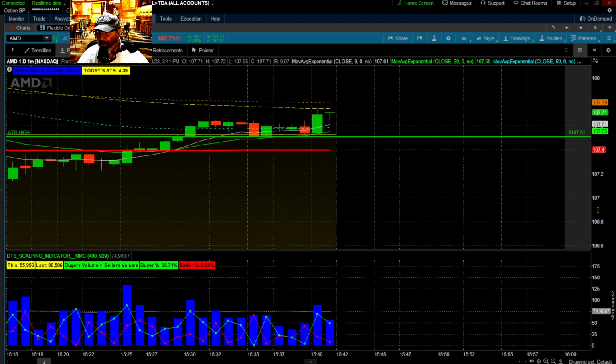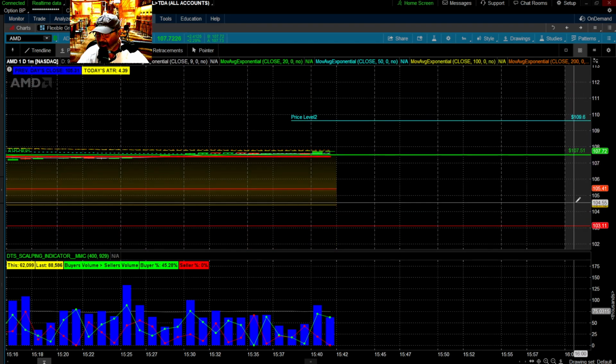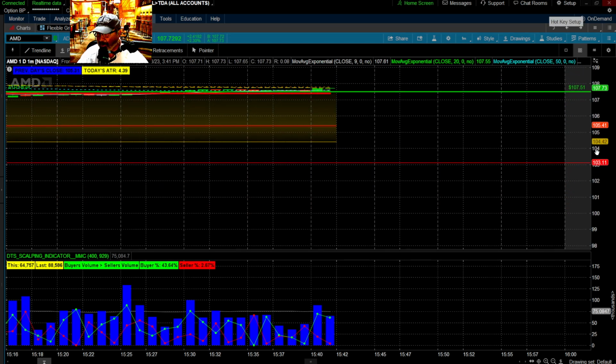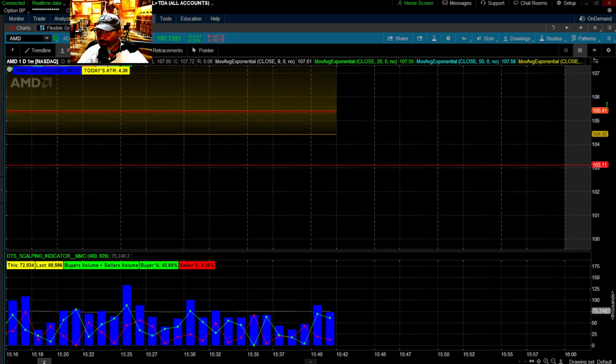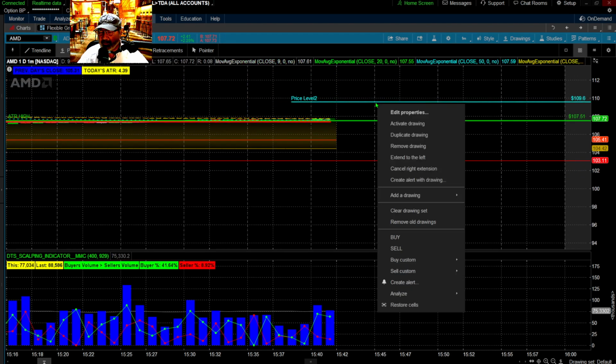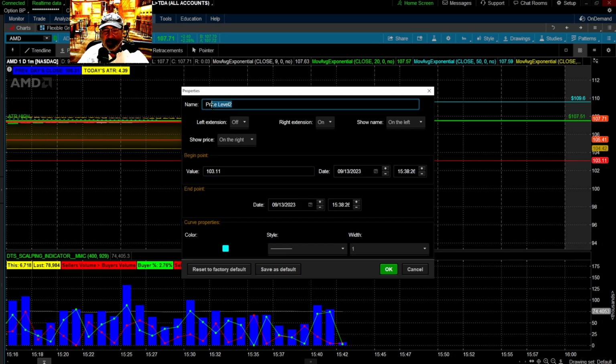Now we'll go to the ATR low. All right, let's just make sure I don't make a mistake on this one. Yeah, 103.11. So let me go grab my line up there, 103.11. Properties. We'll mark that ATR low.